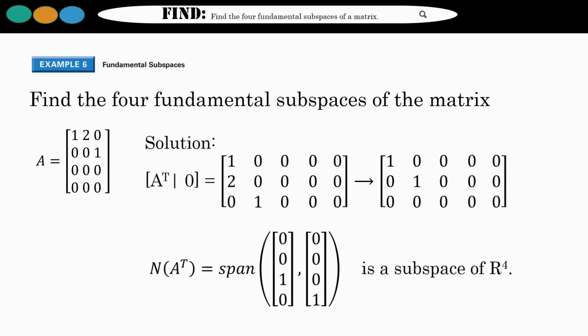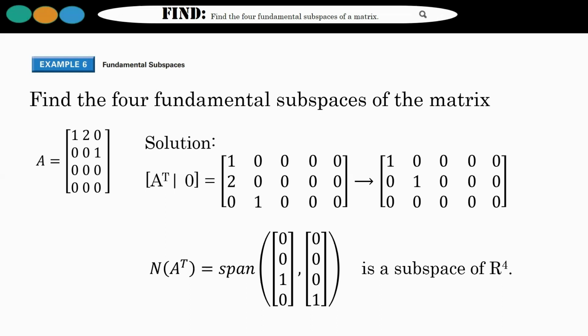So to get the null space of transpose A, we need to transpose our A from a 2 by 3 matrix into a 3 by 5 matrix. Therefore, it is already augmented.